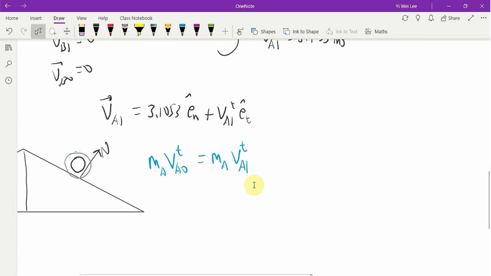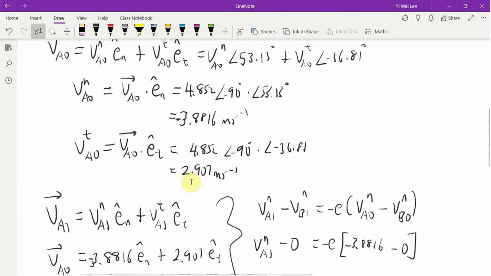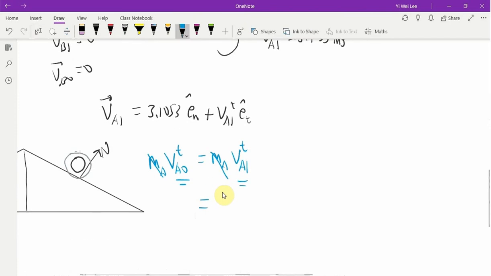This equation originated from the conservation of linear momentum. The conservation of linear momentum works in this case because there is no external force along the collision plane. And since MA and MA are the same, they cancel each other, so VA0T is equal to VA1T, and VA0T is equal to this term here, which is 2.907.